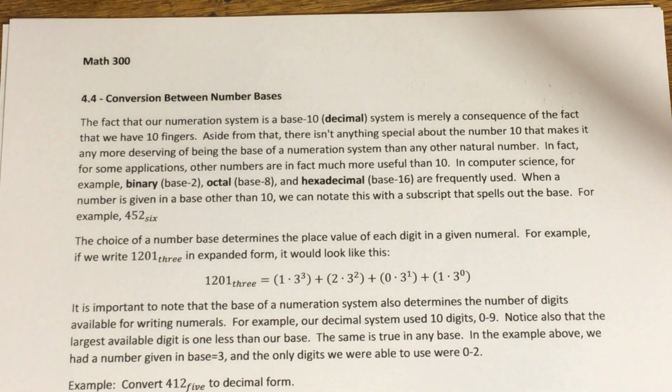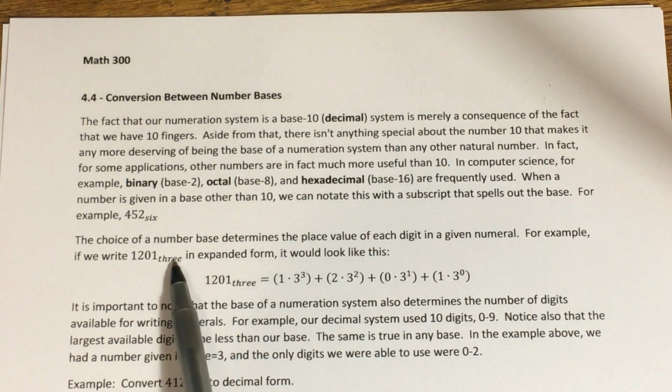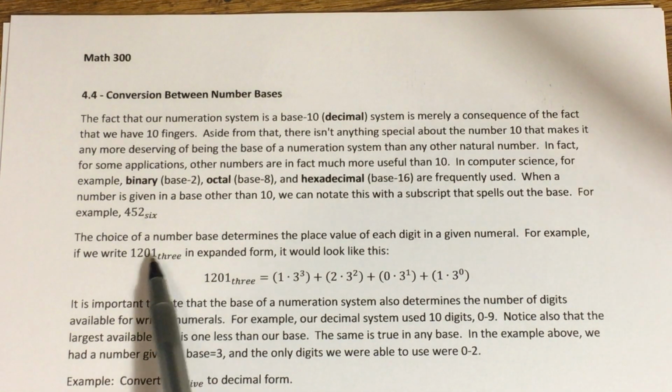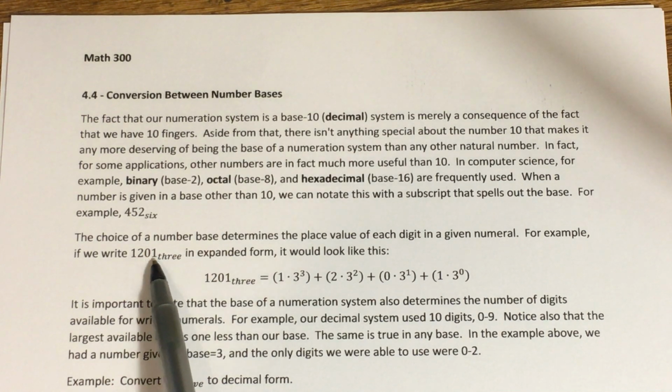So to give you an idea of what I'm talking about, let's take an example of a number in base 3. 1201 are the digits in this number, and it's in base 3. Just like in our decimal system, each digit occupies a place value, and each of those place values represents a different power of your base.